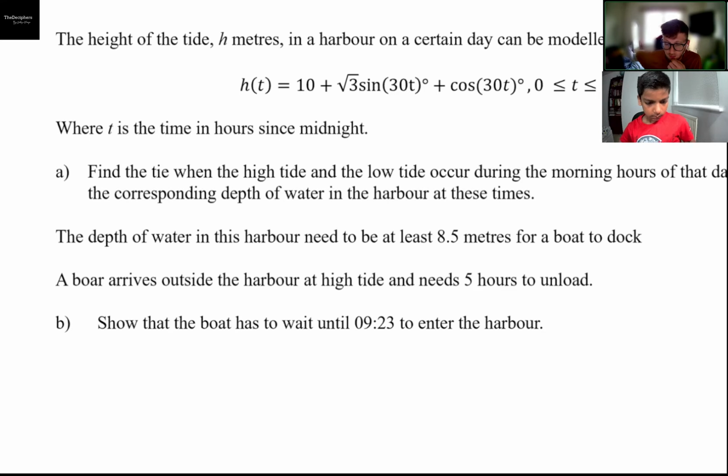So it says find the time when the high tide and the low tide occur during the morning hours of the day, and state the corresponding depth of the water in the harbour at these times. The reason why this is a challenge question is because it doesn't have that part A that tells you what form to get into.